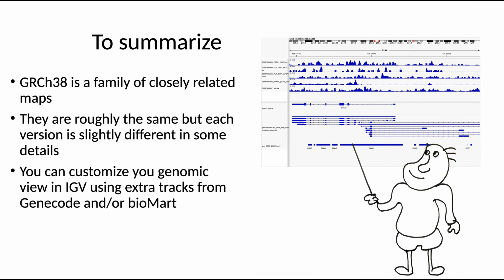To summarize, when you see the GRCh38 symbol, which stands for the genome assembly version of a human, you have to know that it's a family of closely related maps from which you can choose any version you prefer, for instance based on your own mapping business or extra information.